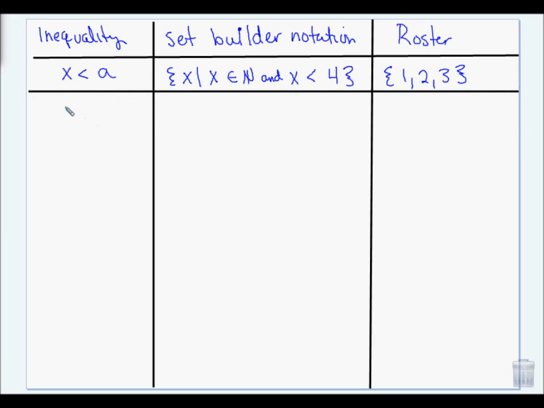If we said X is less than or equal to 4, that's X such that X is an element of N and X is less than or equal to 4. Well, if it's less than or equal, it includes that number, so it includes the 4.